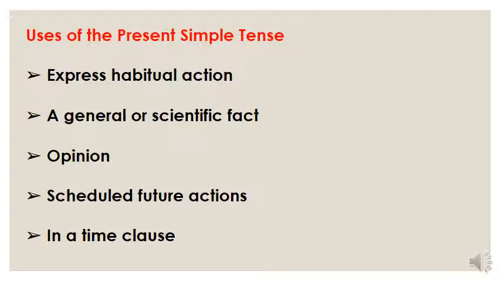It is used to express scheduled future actions. And it is used in a time clause. In a time clause means, for example, if I said, when he comes back from the beach, call me. So as if there is a period of time between one action and the other. And scheduled future actions are actions which are already planned to happen in the future.